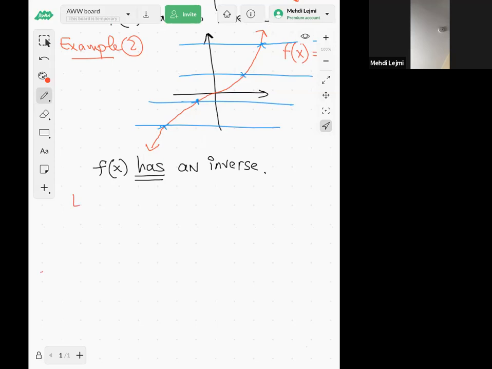Exercise. We have to determine whether f of x has an inverse.